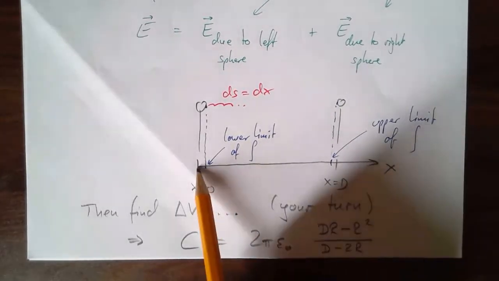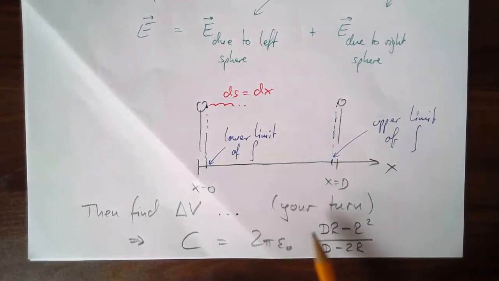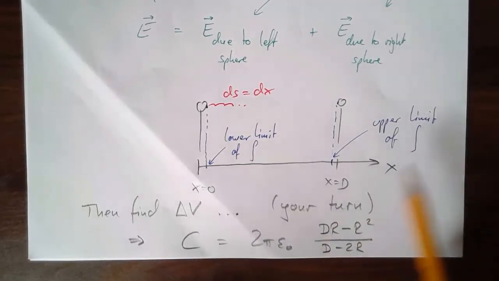So d is the distance from center to center, r is the radius of the spheres. Again, it's just geometry. How big are they? How far apart are they? So again, your turn to prove that this is indeed the expression. I've given you enough of a setup that you can work that out.